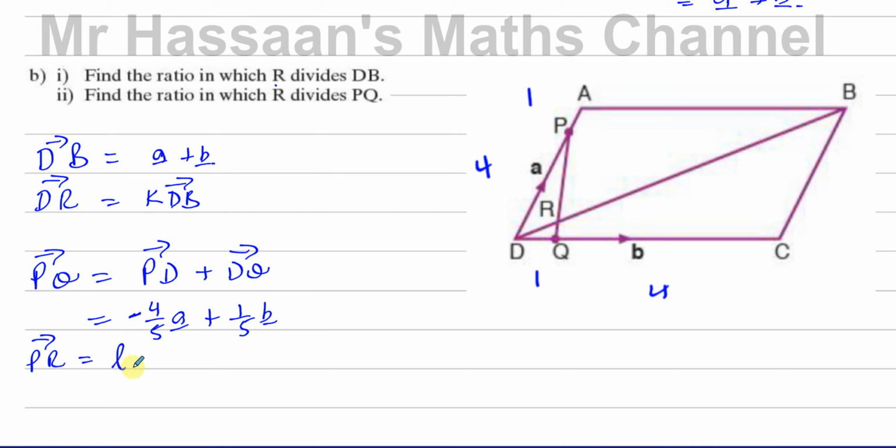Let me use L. It's going to be L times P to Q. If I can find the value of K and the value of L, I will be able to answer this question, because then I'll work out what fraction DR is of DB, and what fraction PR is of PQ.